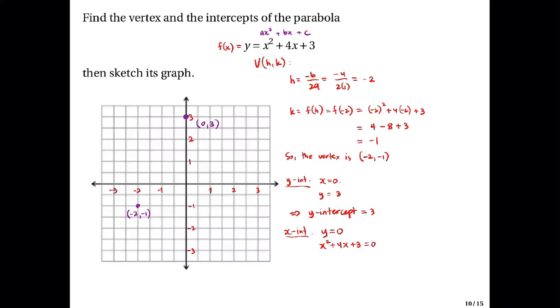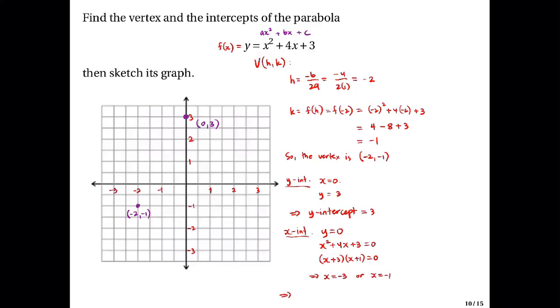You can solve this quadratic equation using your quadratic formula, or you can use factoring. I'll use factoring here. We can easily factor this into x plus 3 times x plus 1. So that's equal to 0, which means that we will have x equals negative 3 or x equals negative 1.